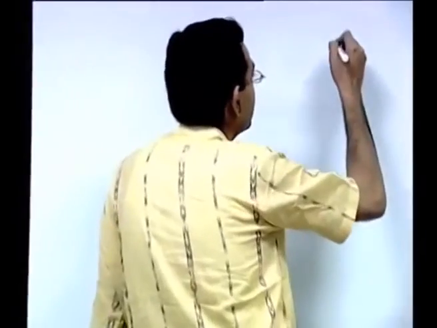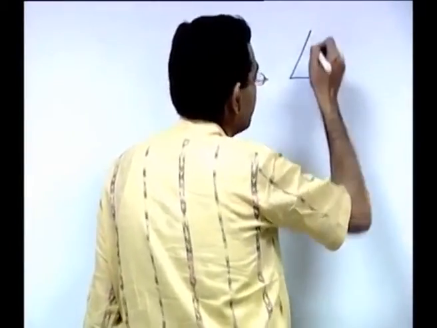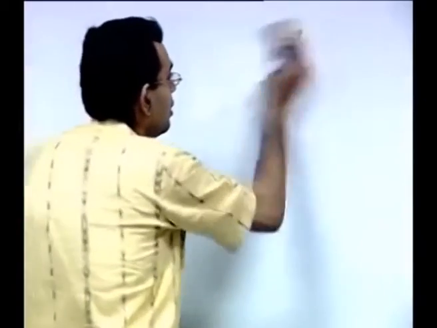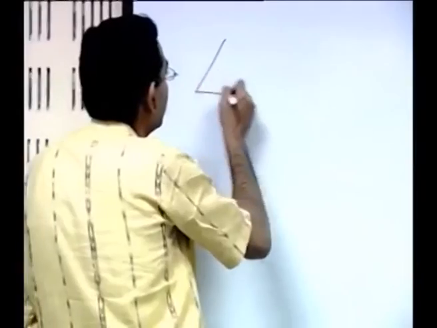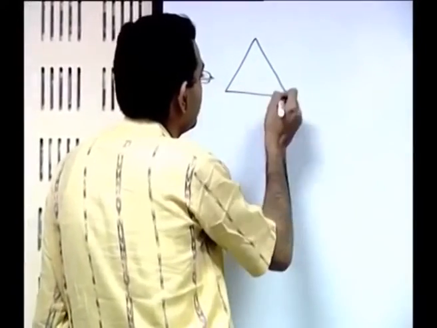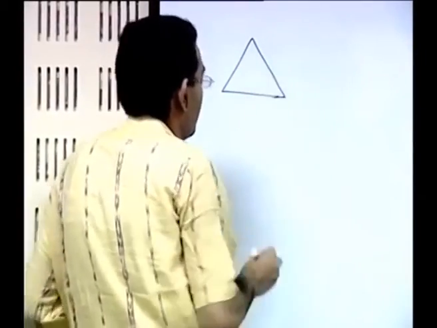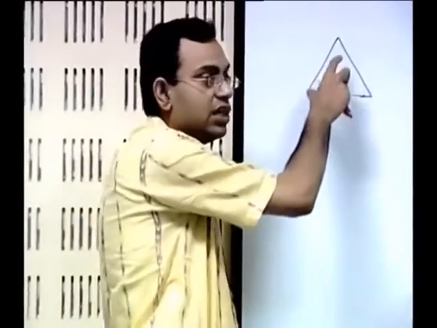Okay. Next issue is, once we have these triangles, how to discretize the governing differential equation based on these triangles. Let us consider that you have a triangle like this. In discretization we have seen that a control volume, this triangle is a control volume.